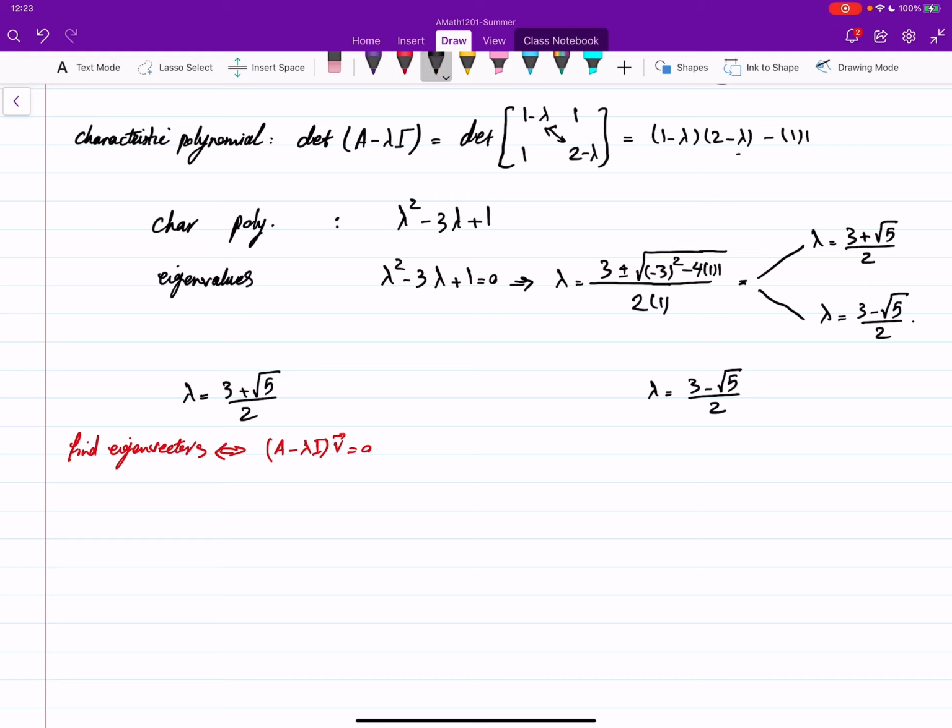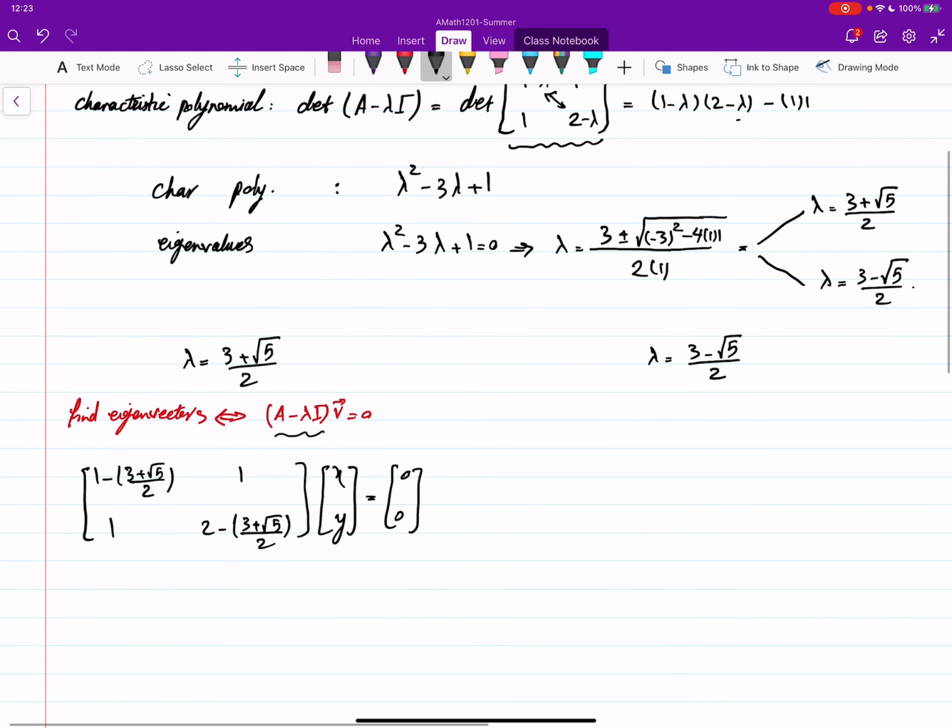In this case, the matrix has 1 minus, you can use this one here for A minus lambda, so just plug in lambda there: 1 minus 3 plus root 5 over 2, times x y, must be equal to 0.